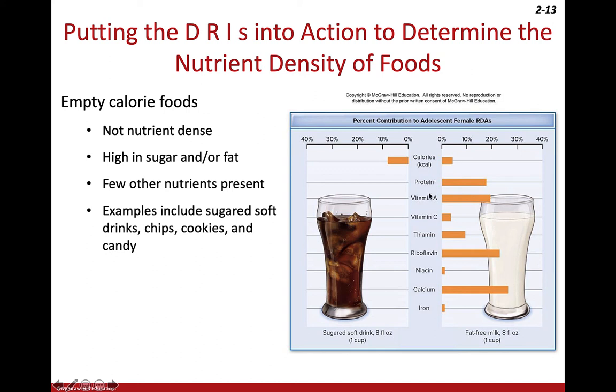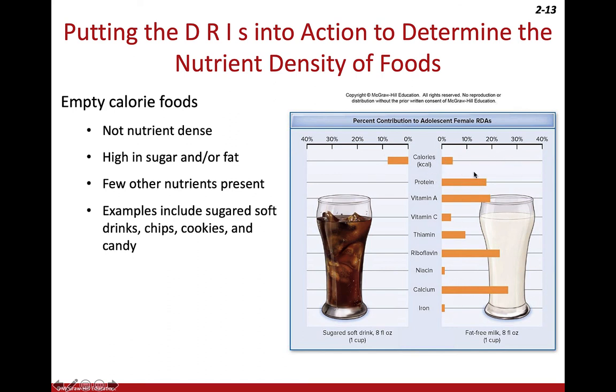Okay? Now, if we look at what's happening with the milk, not as many calories as we see in the soft drink, but also look at what else we're getting. Okay? And this is in comparison to adolescent female RDAs. So a little under 20% protein, about 20% vitamin A, some vitamin C, thiamine, riboflavin, niacin, calcium, and even some iron. Okay? None of that here. So you're getting all of this with fewer calories.